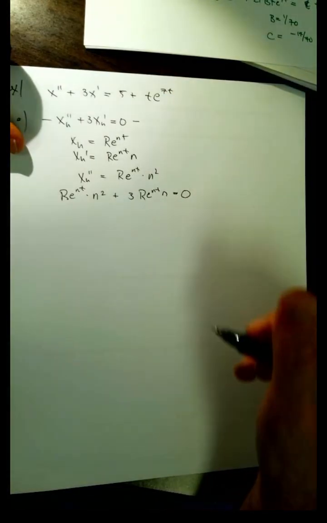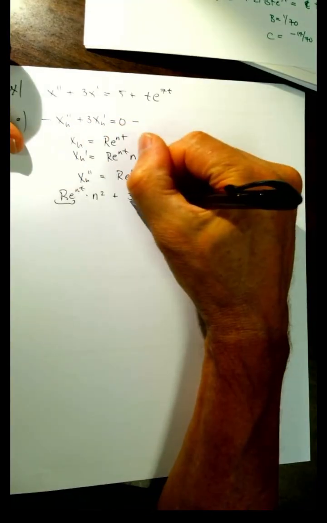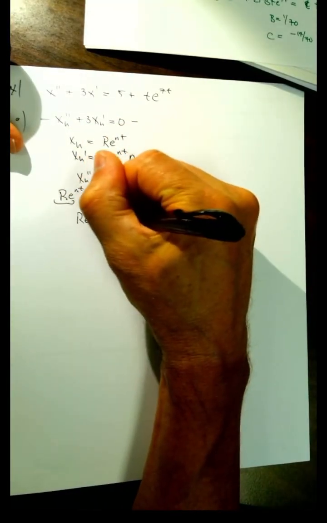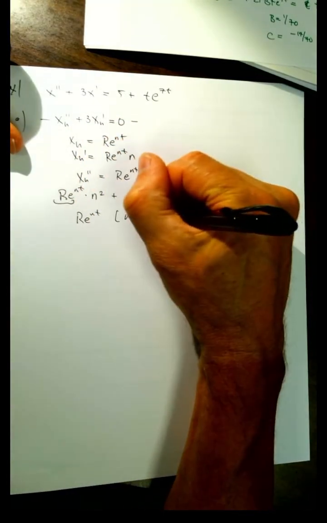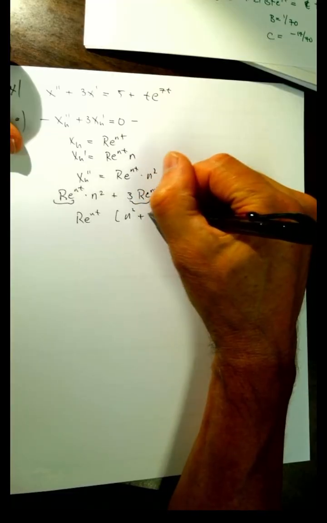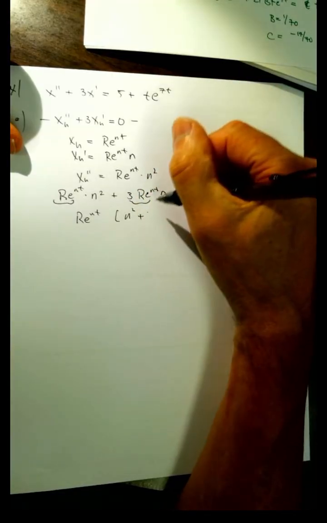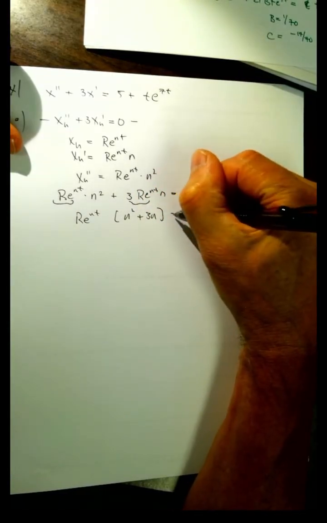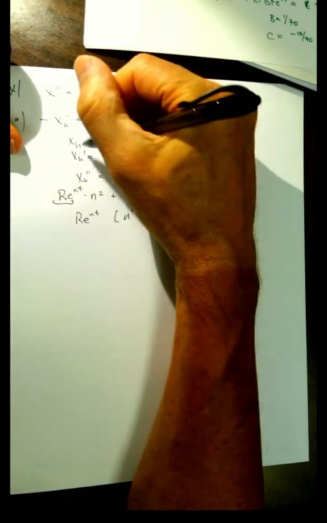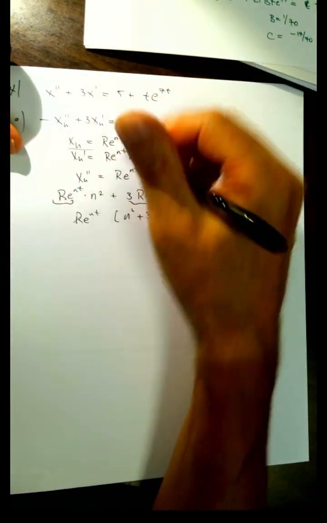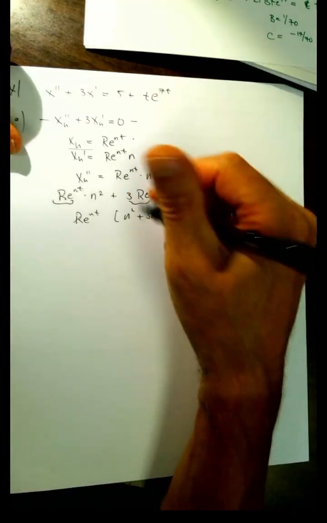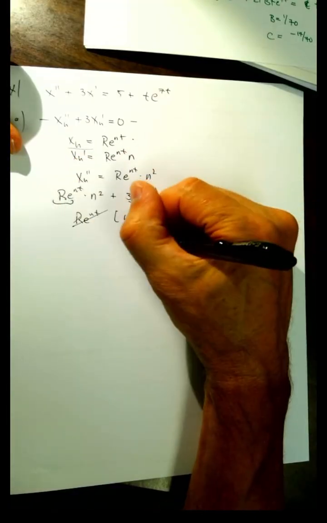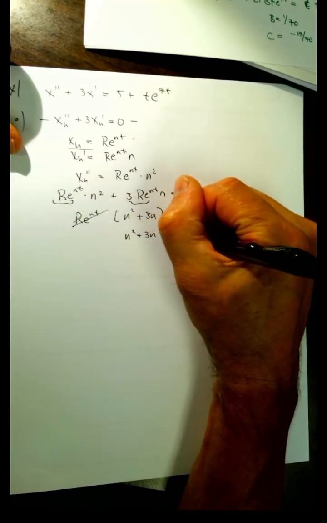The whole thing is 0. I can factor out r e to the nt, and I'm left with n squared plus 3n is 0. I don't want r to be 0, because that would mean my x homogeneous is 0. So that means that n squared plus 3n is 0.